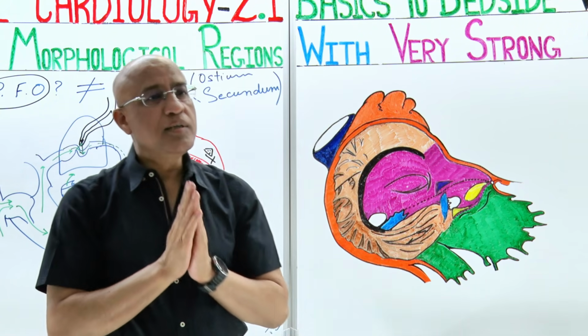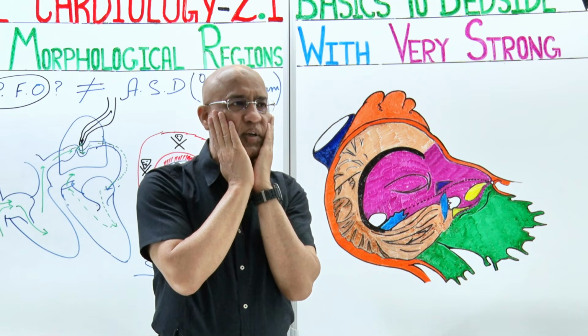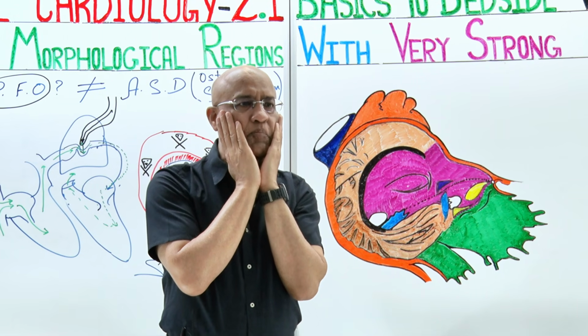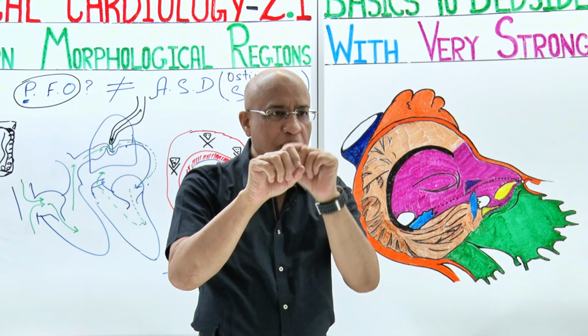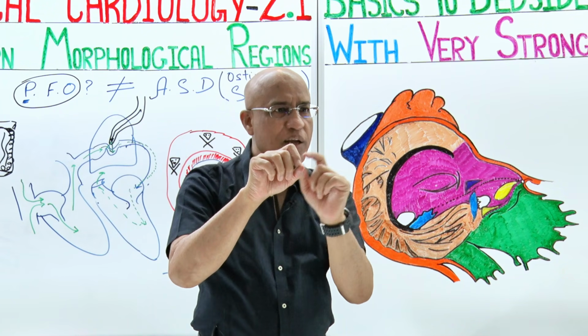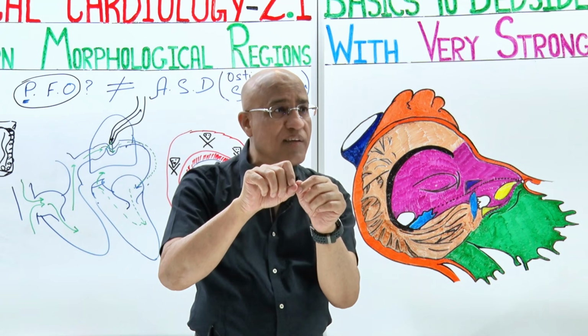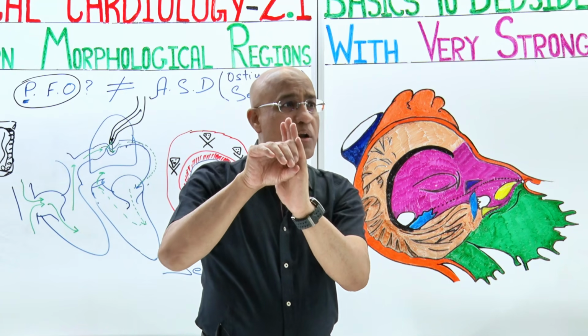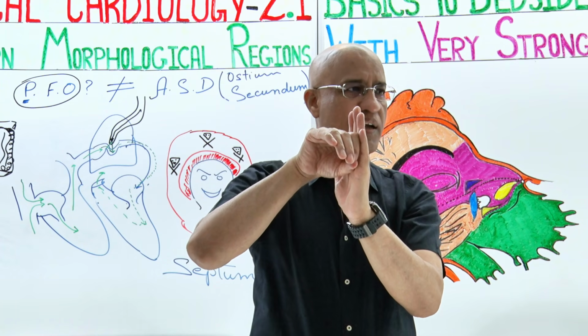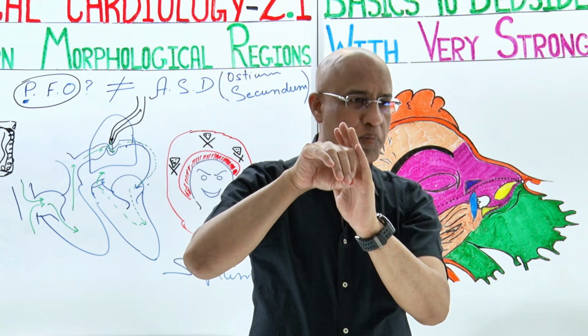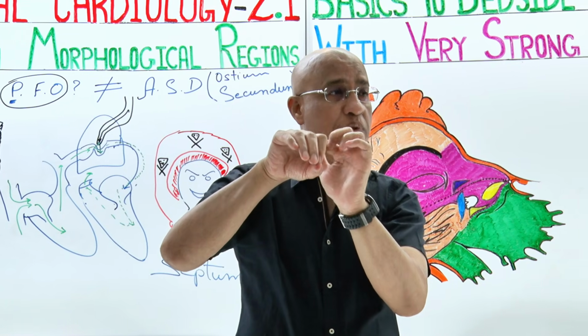But in this every fourth person, what is incomplete? Incomplete biological stitching, or incomplete biological sealing. Due to this incompletion we can say there is a potential tunnel, a potential communication between the right and the left.